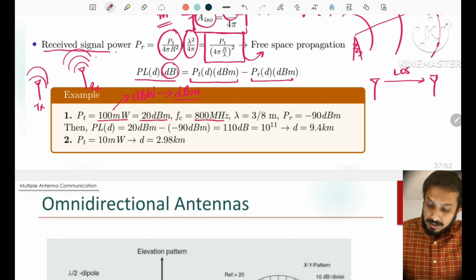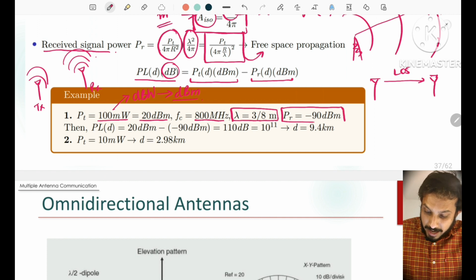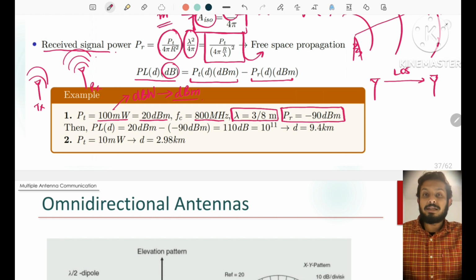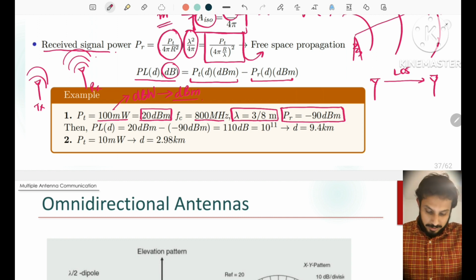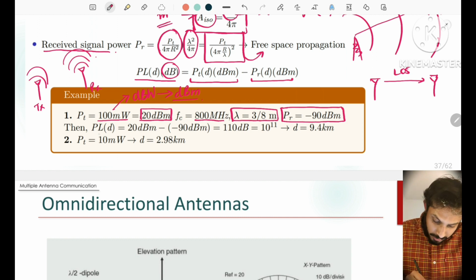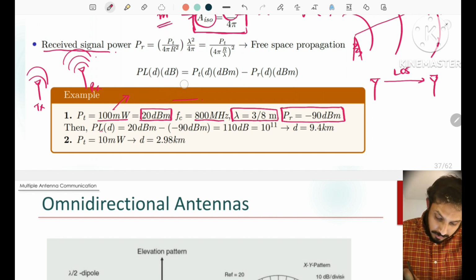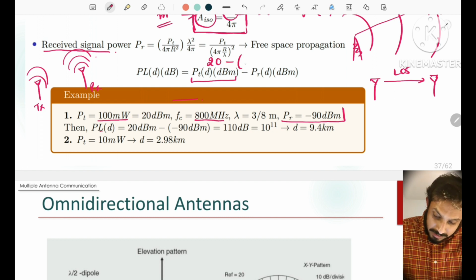Fc is 800 megahertz, then lambda is 3 by 8 meters, and we want to see what is the distance at which the receiver can receive a power equal to minus 90 dBm when 20 dBm is transmitted from the transmitter end. If we compute the path loss from the above expression, Pt in dBm is 20 minus minus 90, so we have 110.